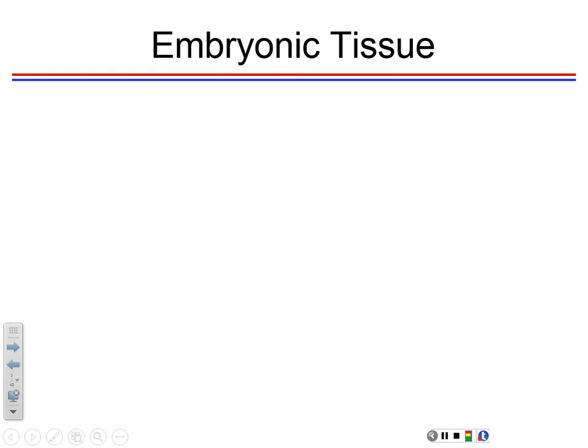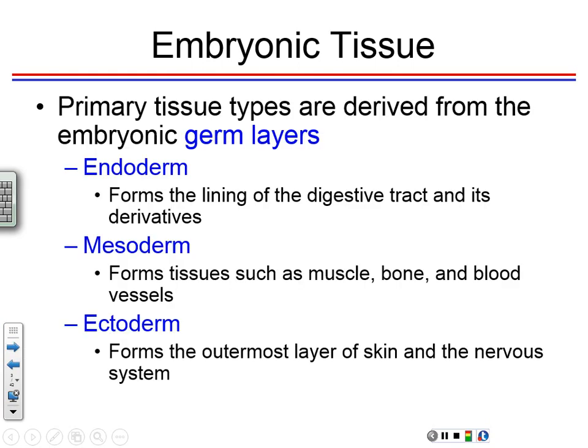About 18 days after conception, you have these three layers: the endoderm, the mesoderm, and the ectoderm. And these three germ layers, because they germinate into all those four tissues I talked about, will give rise to all those tissues. So the endoderm will give rise to most of the internal structures, like the digestive system, and some of those organs.